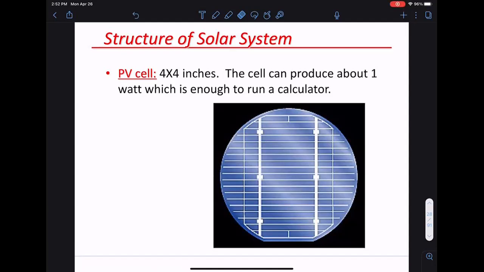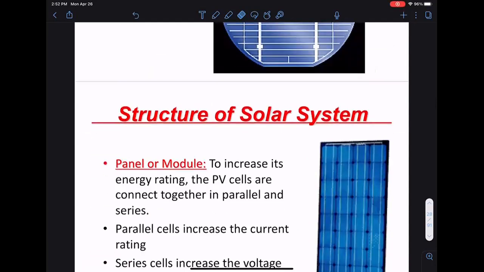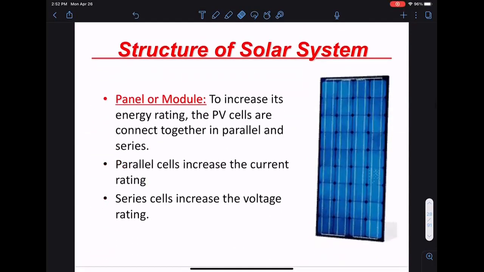So what you typically do is stack cells together into modules or arrays, which is what you see on rooftops and in many applications. You stack them in a rectangular grid, with the goal of increasing the current and the voltage rating.